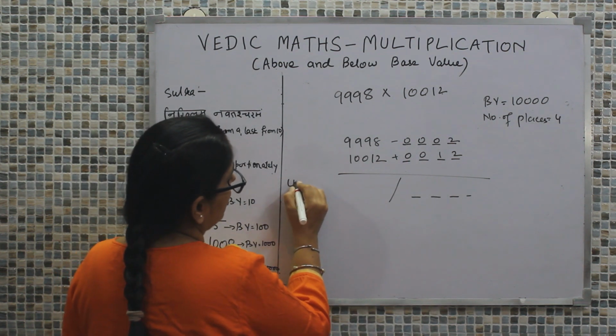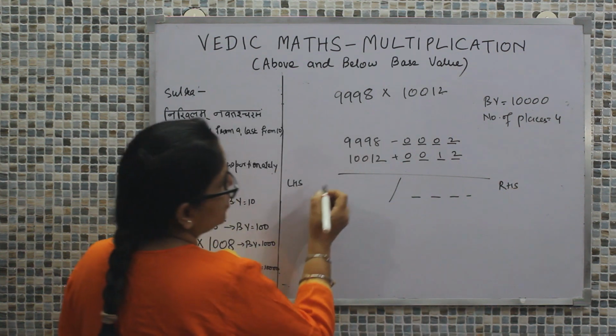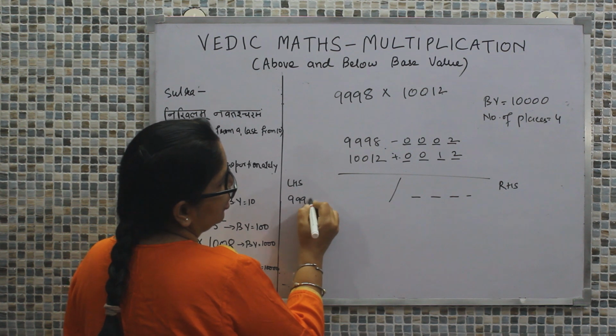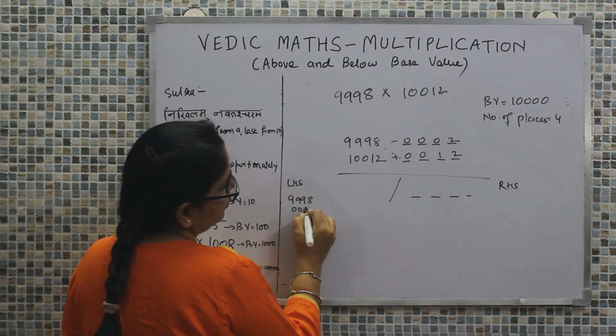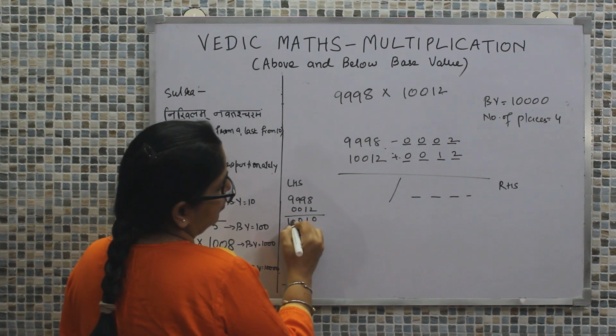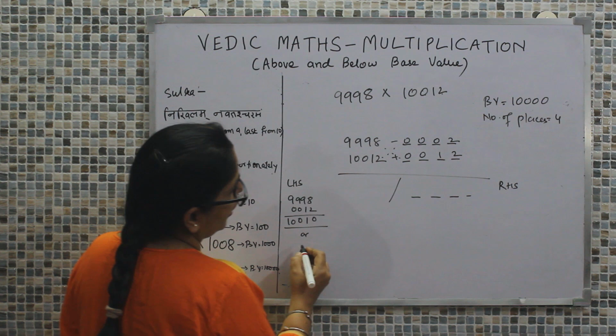Now let's make out the calculation. We have the LHS and the RHS. LHS will be diagonal addition, this is one of the options, or diagonal subtraction.